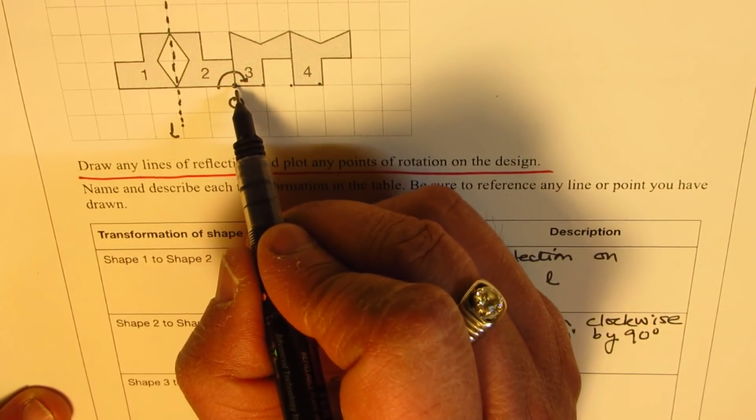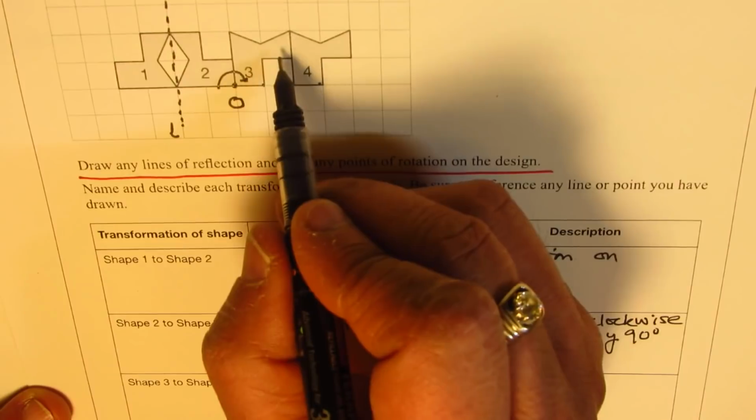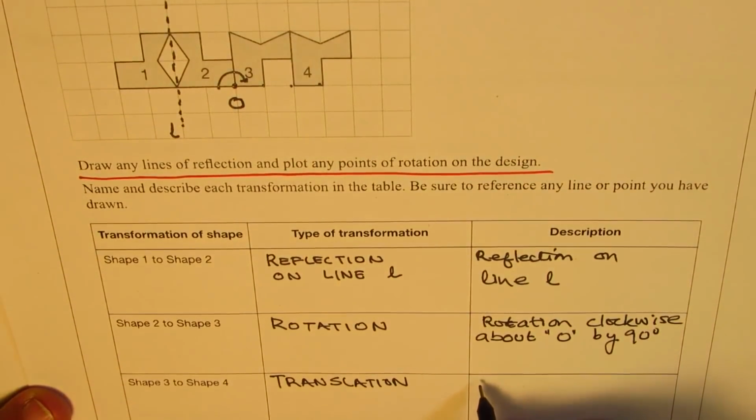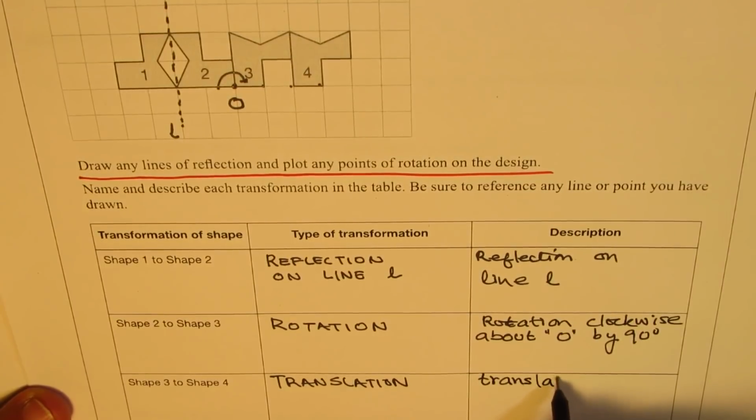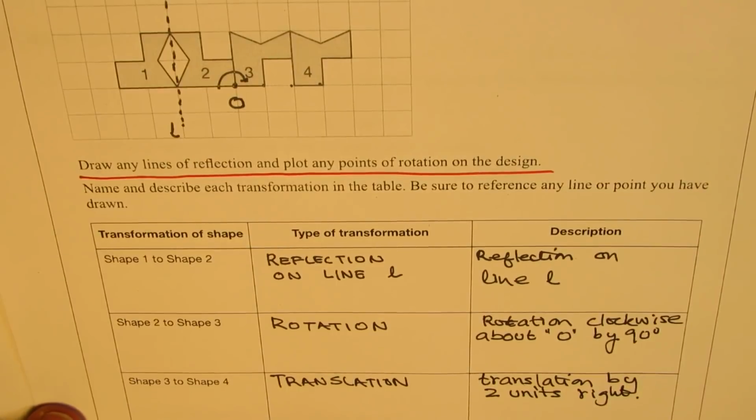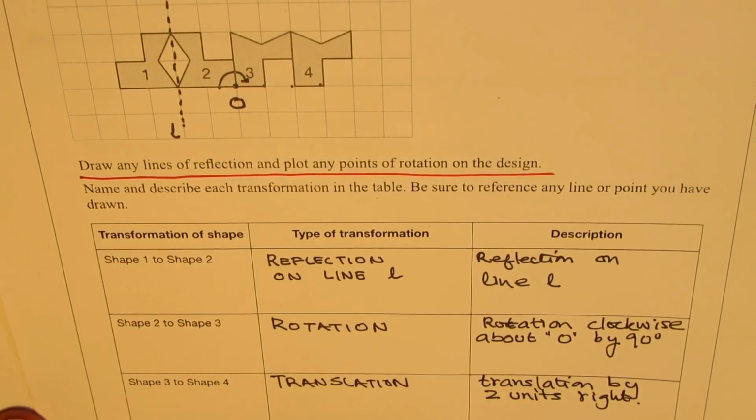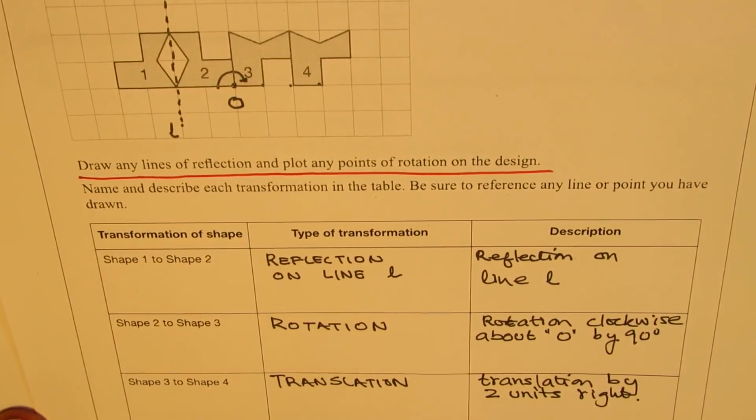This portion moves 1, 2. So every portion moves by 2 units, right? So it is translation by 2 units, right? Correct? That is how you're going to describe this. I hope it is absolutely clear. Perfect. Let's move on and take question number 10 now.